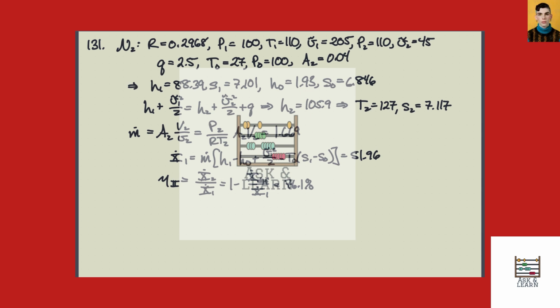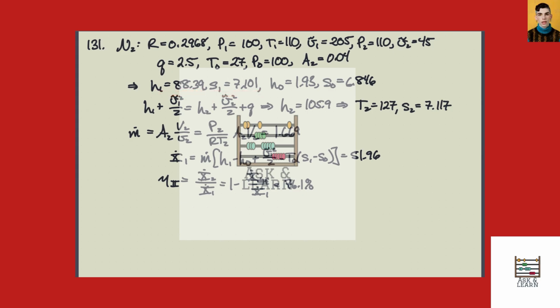Okay, then. Since we can't use the simple analysis of just using constant heat capacity, we've got to go to the tables, or the software. So we know these properties here, so we can look up or have the software spit out the enthalpy and the entropy at the inlet.